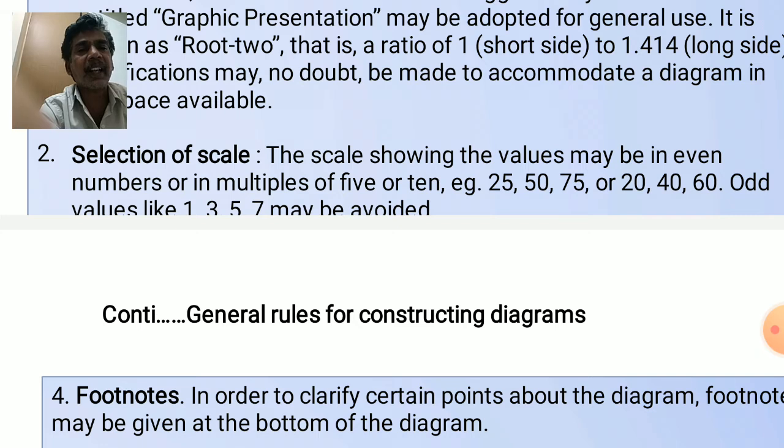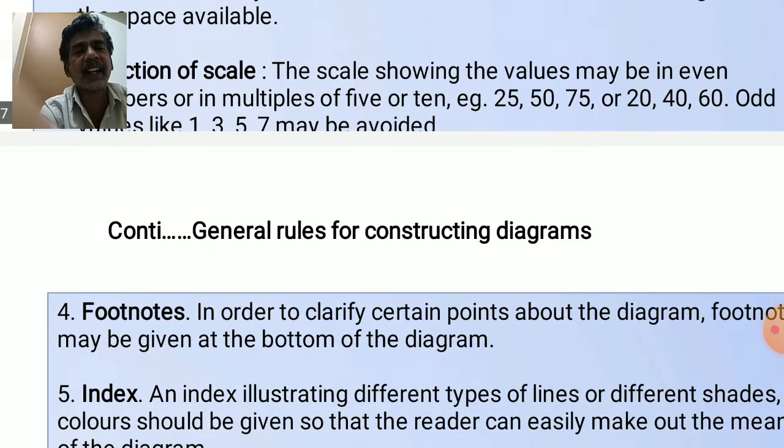Selection of scale is another general rule necessary for constructing diagrams. The scale showing the values may be in even numbers or in multiples of 5 or 10, for example 25, 50, 75, or 20, 40, 60, and odd values like 1, 3, 5, 7 may be avoided. Therefore, proper selection of the scale should be made for constructing diagrams.